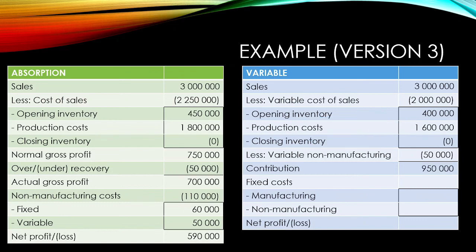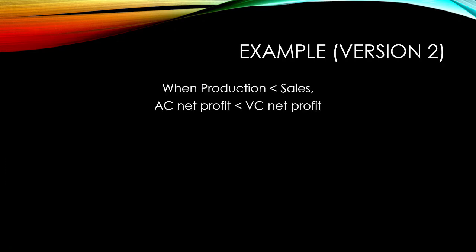We can then subtract all our fixed costs, which were given to us in the scenario, to arrive at our net profit of 640,000 Rand. Notice again that our profits are different and will therefore need to be reconciled. Also, notice that we can conclude that when production is less than sales, our absorption costing net profit will be less than our variable costing net profit.